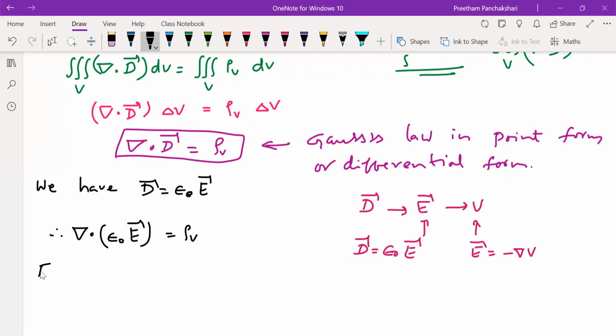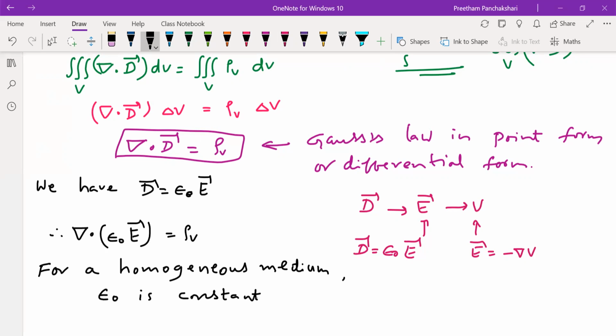So I would like to write that for a homogeneous medium, a homogeneous medium is a medium in which the electrical properties of the medium remain the same everywhere. For a homogeneous medium, epsilon naught is constant.